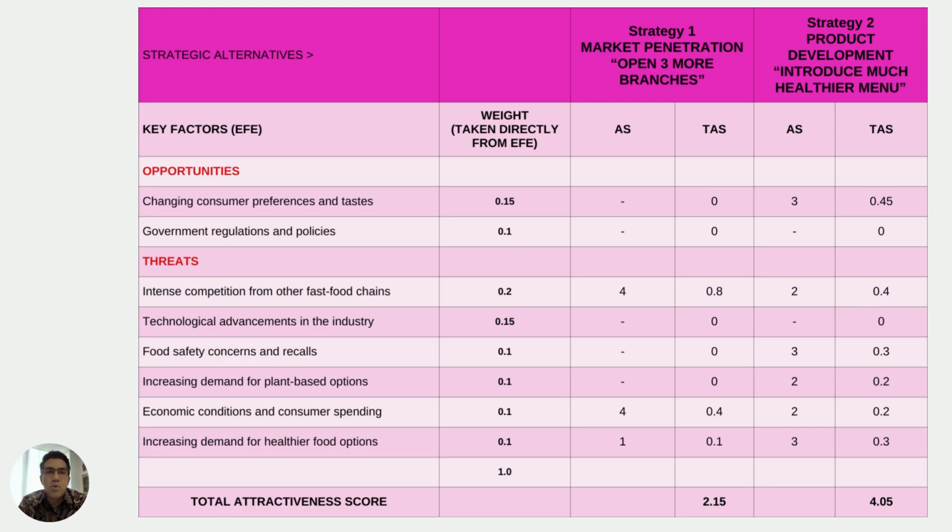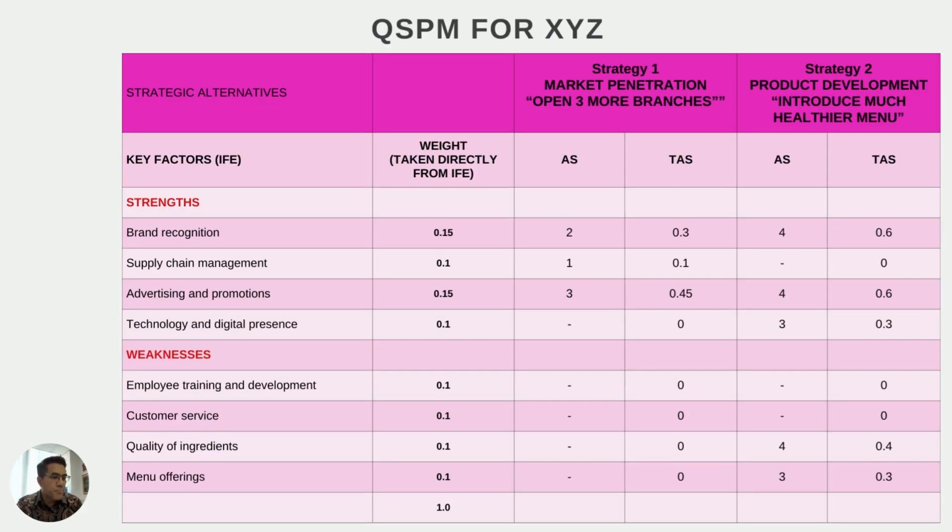Yes, it is possible that a key variable that we have identified might not have any score for both of the strategies. Like this one, government regulations and policy has got nothing to do with opening up 3 more branches or even introducing a much healthier menu. So we don't give them any score at all. So that is step number 4.